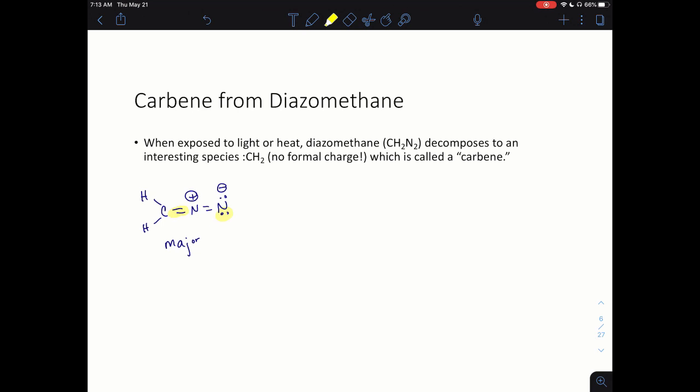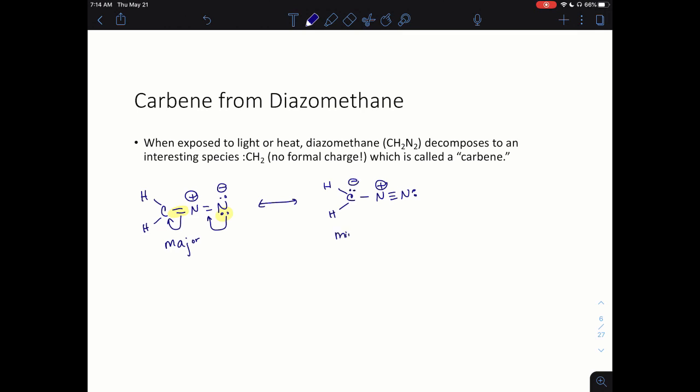We can see we have a lone pair adjacent to a pi bond, so we could draw a resonance structure that looks like this. In this resonance structure, we maintain the positive charge on the central nitrogen and generate a negative charge on carbon.